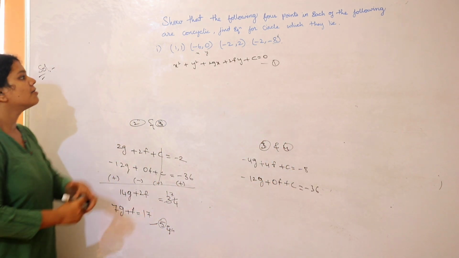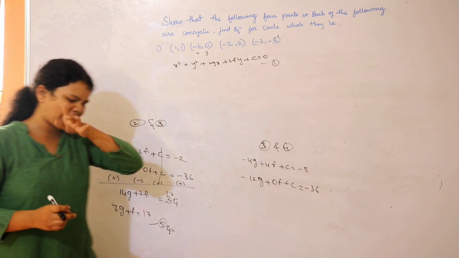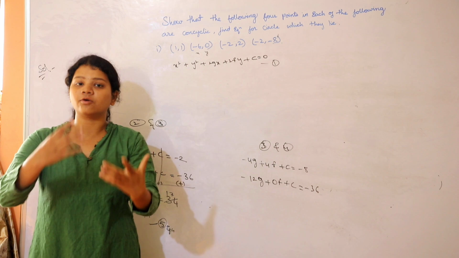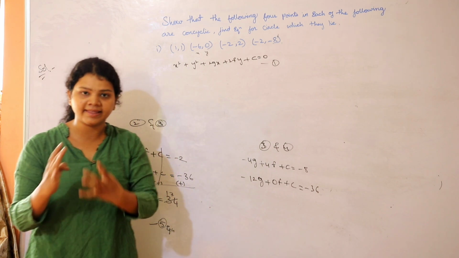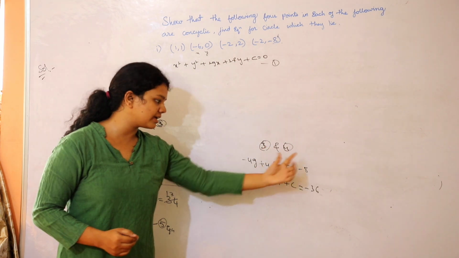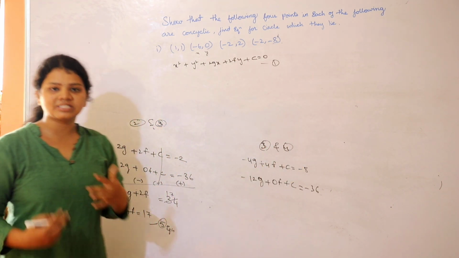Guys, just take a look over here. What we did till now: we found equations from 3 points, and then we tried to solve equation 2 and equation 3, equation 3 and equation 4 to find the g and f values.